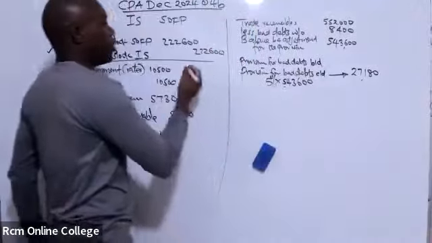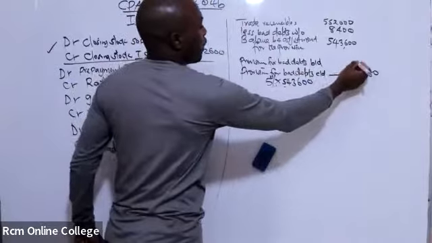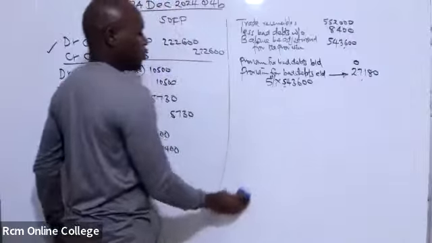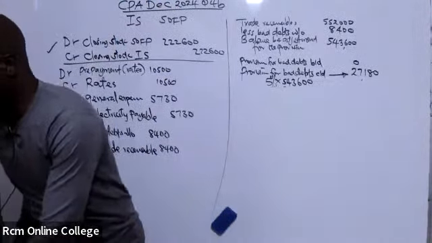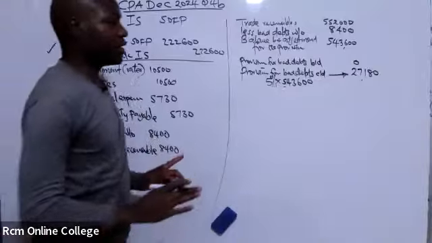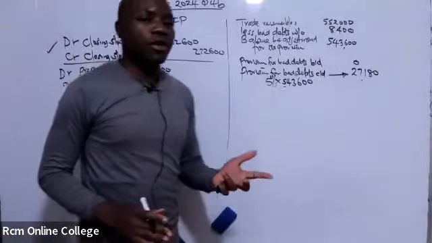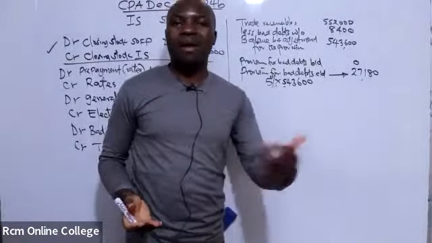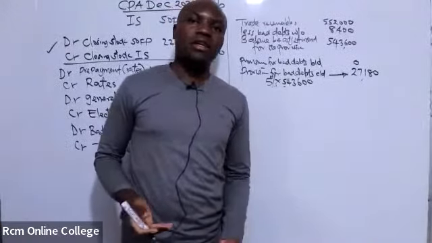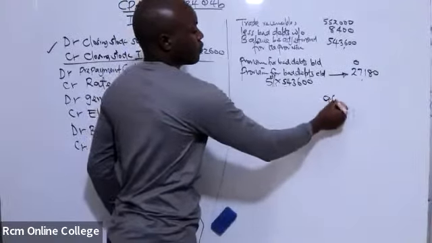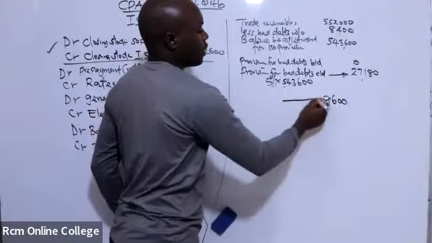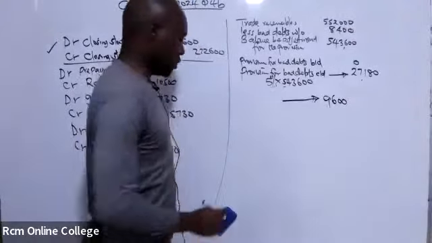So, opening provision at the beginning of the year, let me pick it from this point. Before you joined the class, like now, somebody is planning to join our classes and says, in the month of February, you came up with a budget or an estimate and said, let me put aside 9,600 to do my CPA.